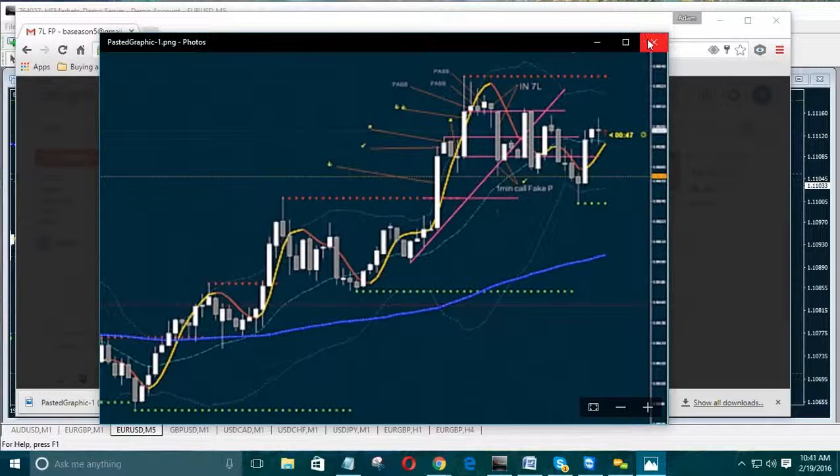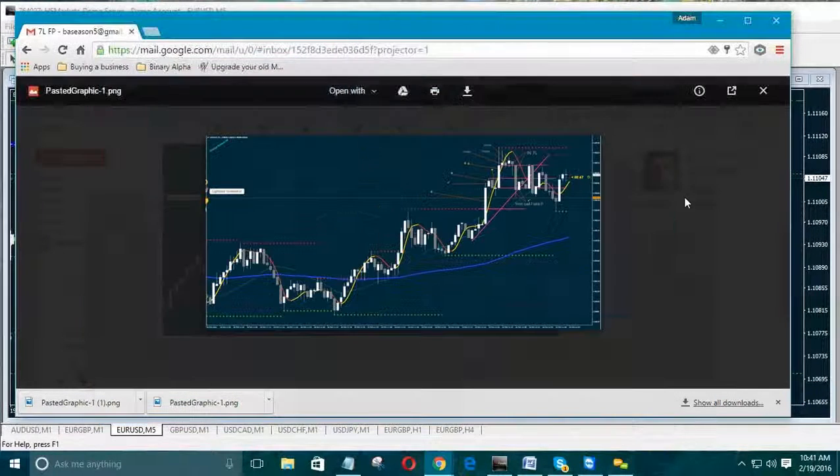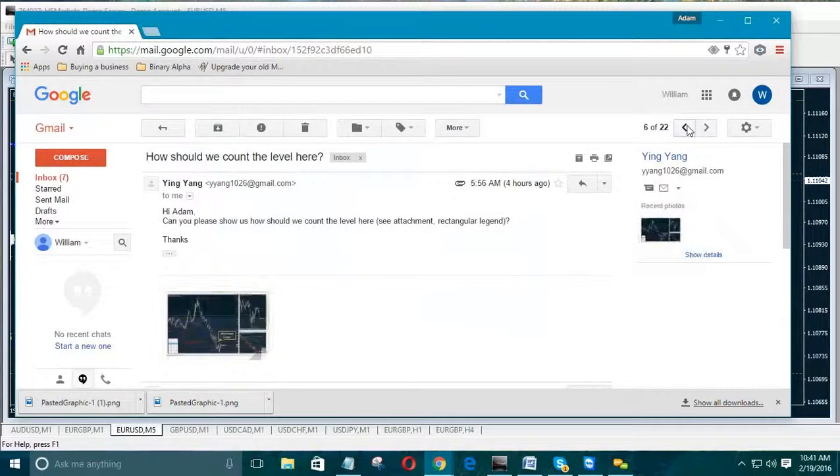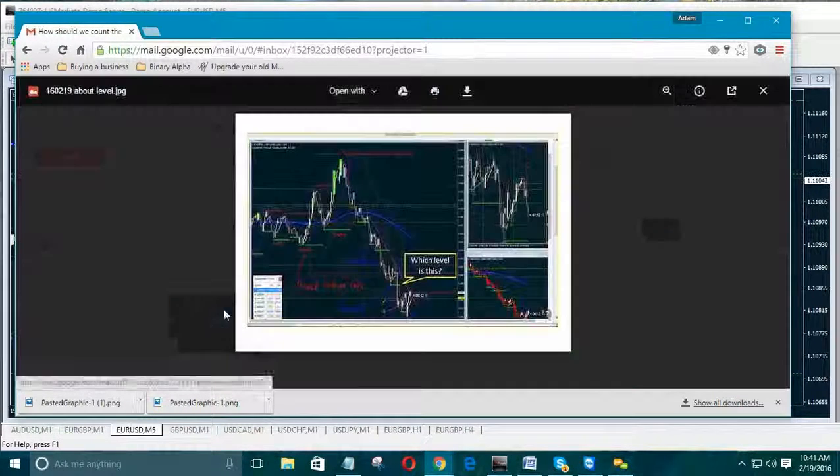Let's wait for him to look at this, and then I can look it up on the MT4. While he's checking that, I'll go to the next question, and then we'll get right back to his when he looks up the chart.